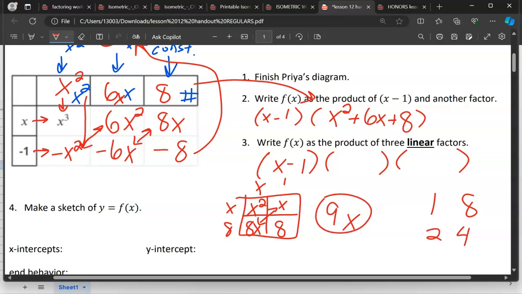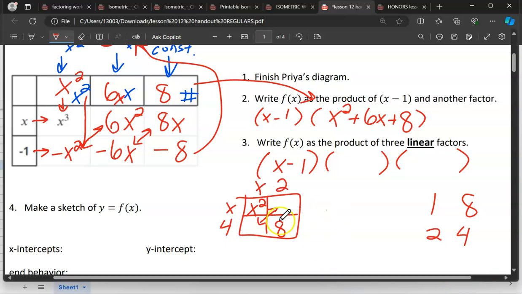That does not match 6x. So I can't do it. Gotta try again. Okay, so 1 and 8 don't work, but let's try 2 and 4.